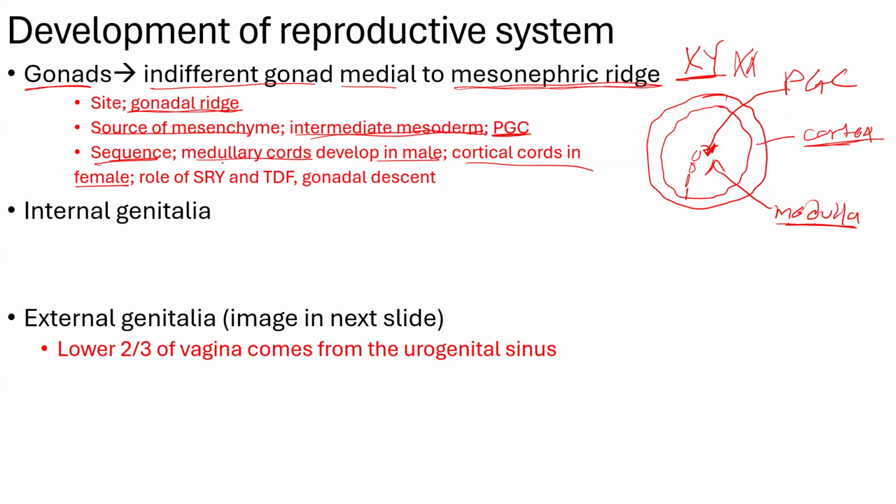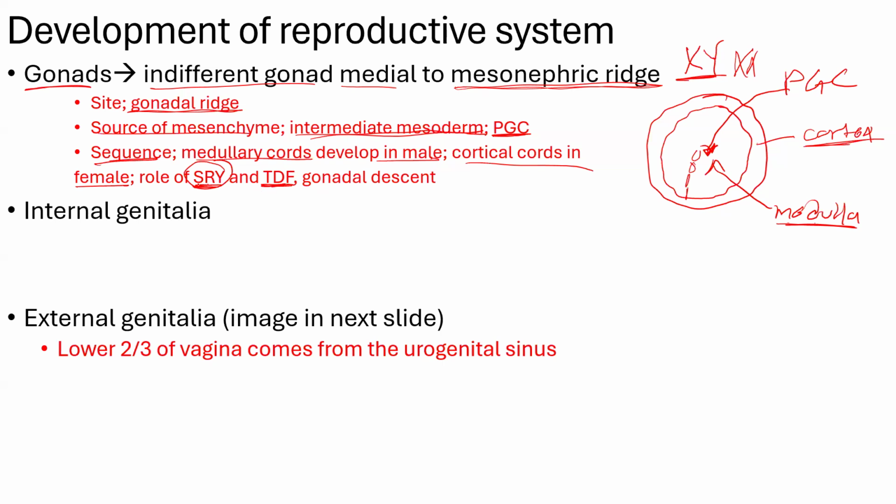It is because of the presence of what is known as the SRY gene, the sex-determining region gene found on the Y chromosome, which encodes for a protein or a factor known as the testicular determining factor, which is what now directs the indifferent gonad to be a testis.